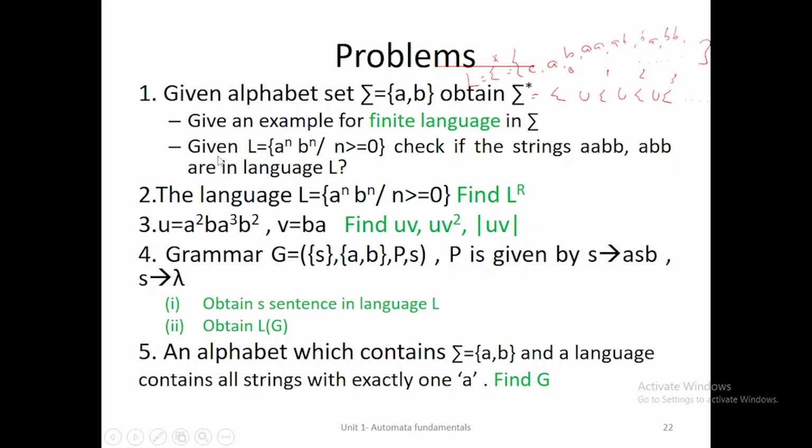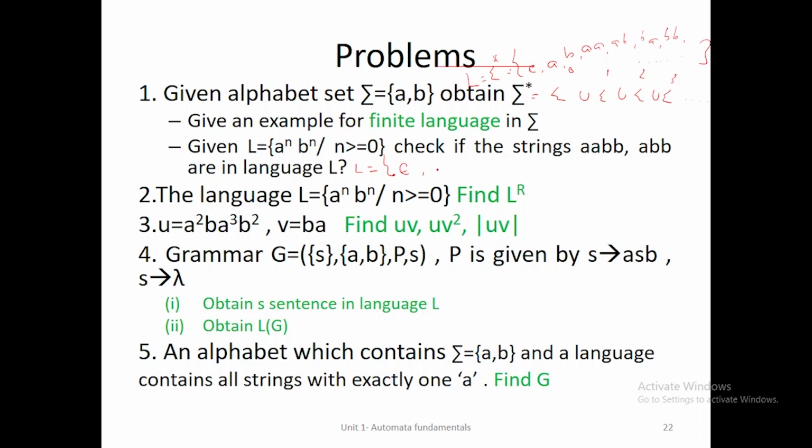Second one, for the given language L, this language is in generalized form. So how can you expand it? Substitute n value as 0 in this generalized notation, n value 1 in the generalized notation. First you write the possible strings in this language. So how can we write it? L is equal to, if you substitute n is equal to 0, a power 0, b power 0, that means there is no possibility of a and b, so only epsilon is possible.